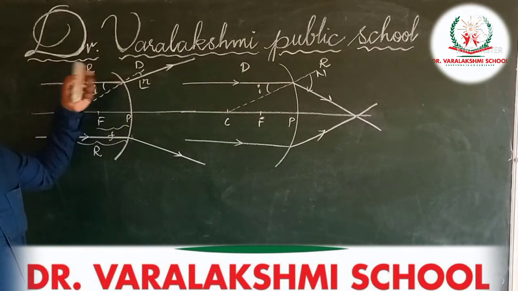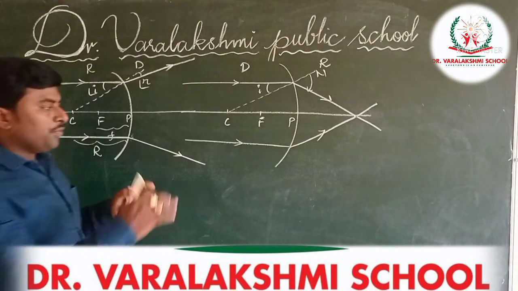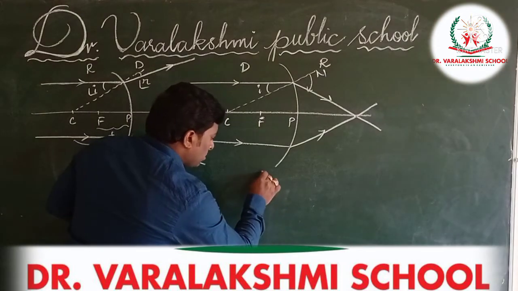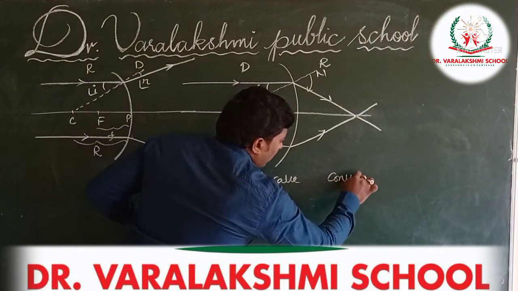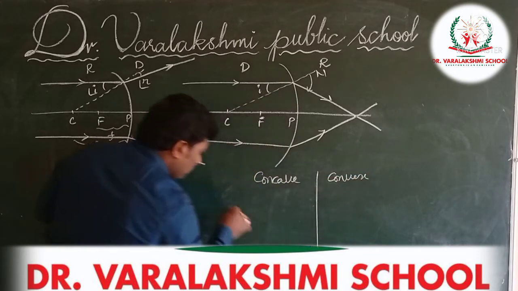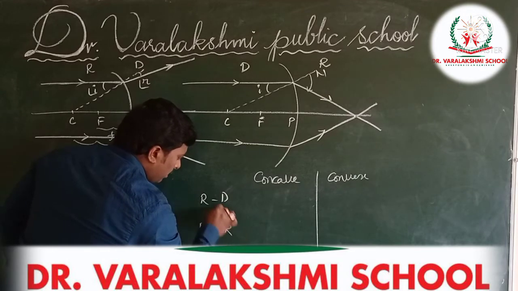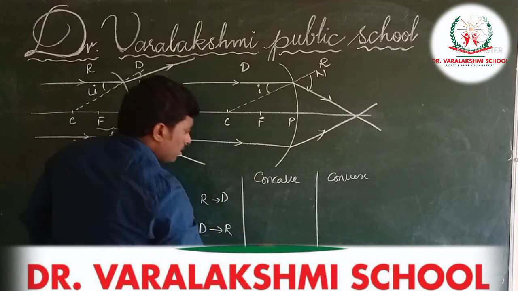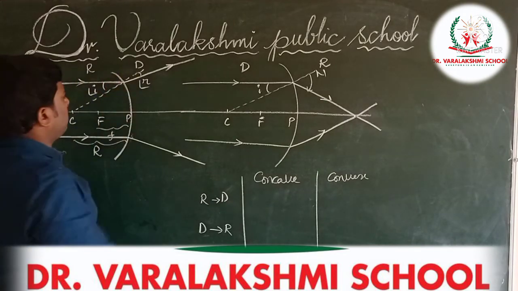Here, concave surface. In brief, to understand many of the concepts, I will give you a table. Concave surface and convex surface, rarer to denser, denser to rarer. Here, in concave surface, rarer to denser, what happens?